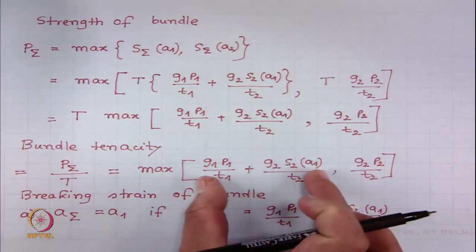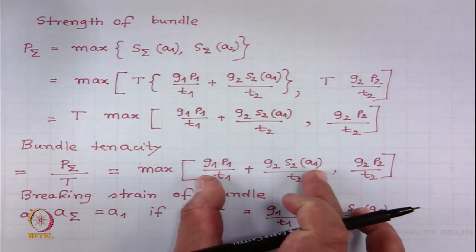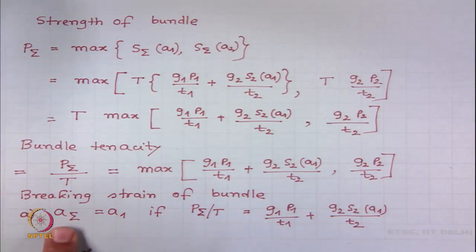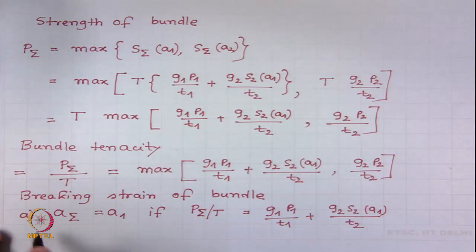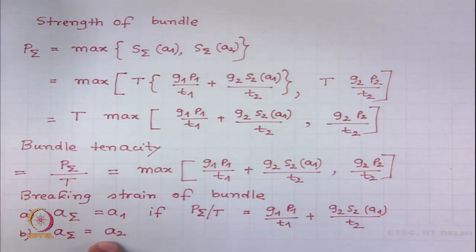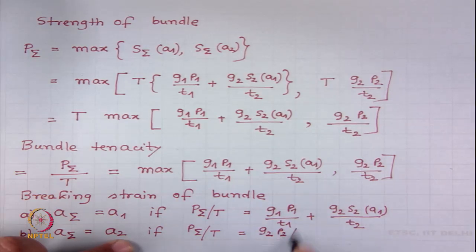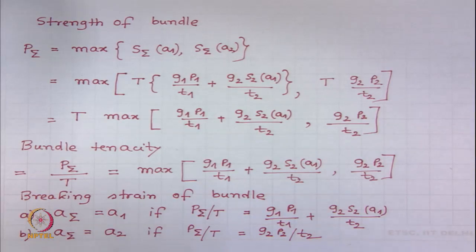So, if this quantity is maximum, then the breaking strain of fiber type 1 will be equal to the breaking strain of the bundle. Otherwise, breaking strain of the bundle can be equal to A2, breaking strain of the type 2 fiber, if this is equal to G2 P2 by T2. Right.